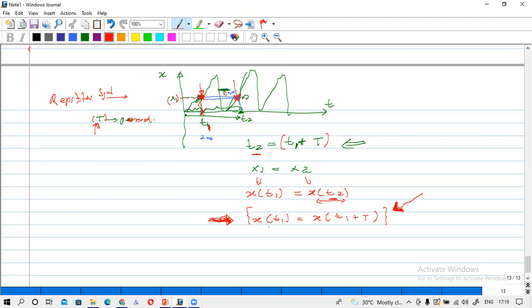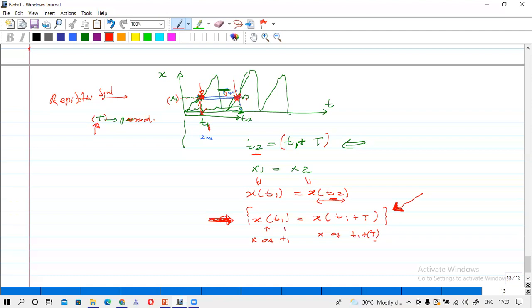This is x at T1, and this is x at T1 plus T, that means after the period. After the period, you should have the same value if it is a periodic signal. So x(T1) is equal to x(T1 + T).